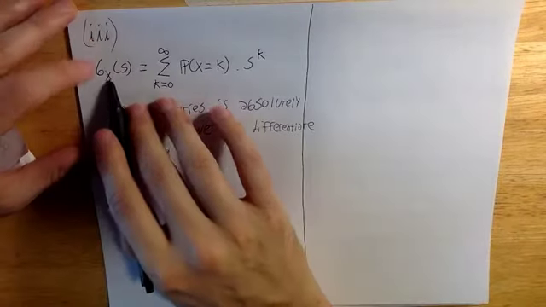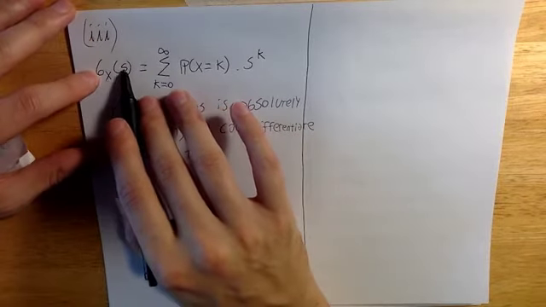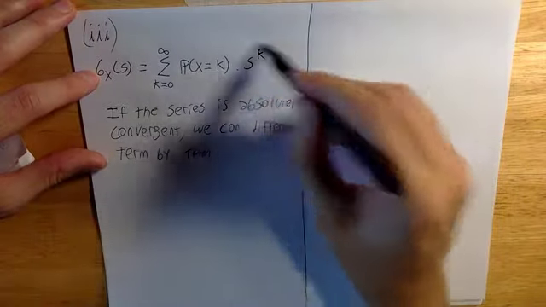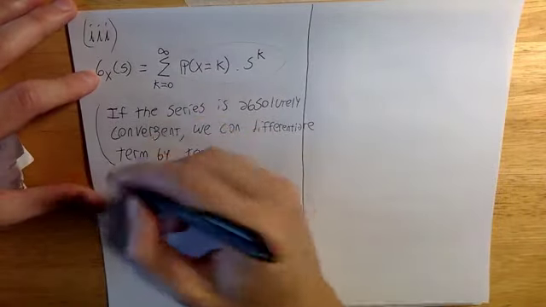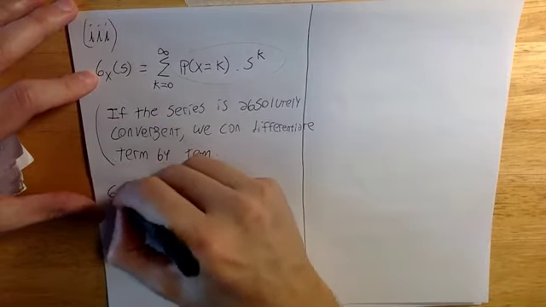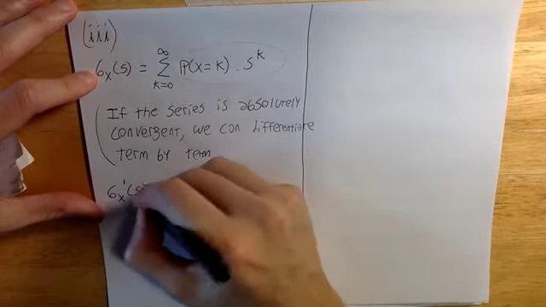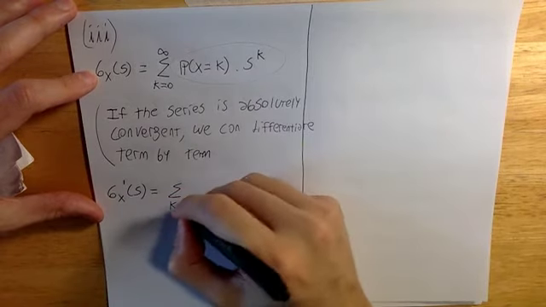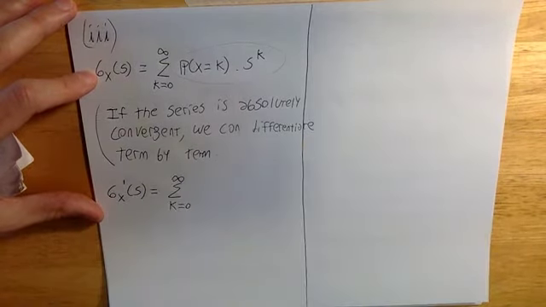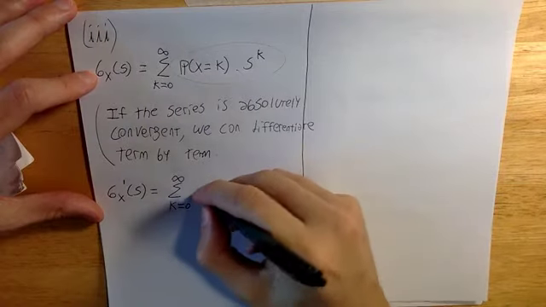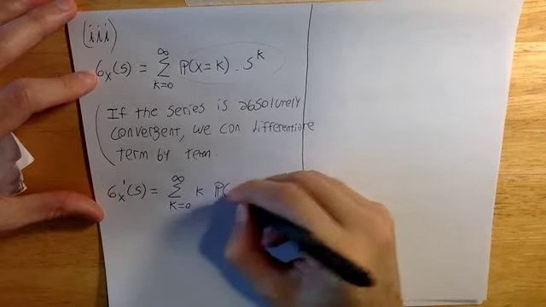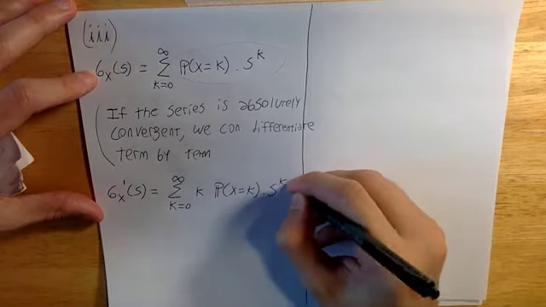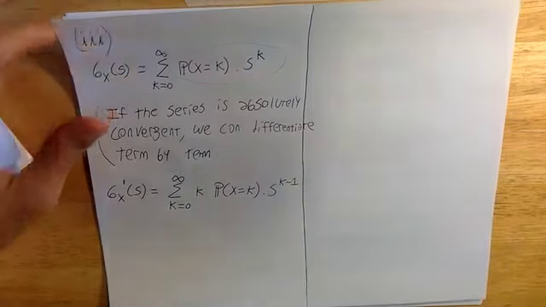If I take the derivative of g_X with respect to s, then I can take the derivative of each of these terms. So assuming this, we get that g_X prime at s is going to be the sum from k equals 0 up to infinity of k times the probability that X is equal to k times s to the k minus 1.